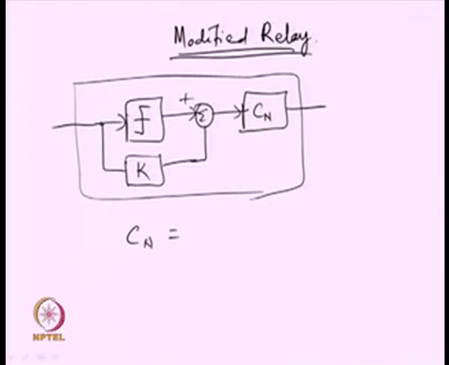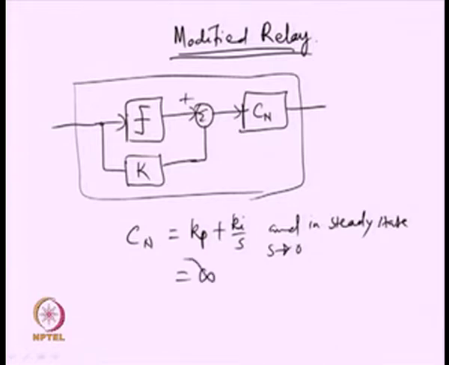Let us start with a simple PI controller. So, when Cn is given in the form of Kp plus Ki upon s, and in steady state s tends to 0, that we know. Okay. Then Cn can assume a large value in steady state.